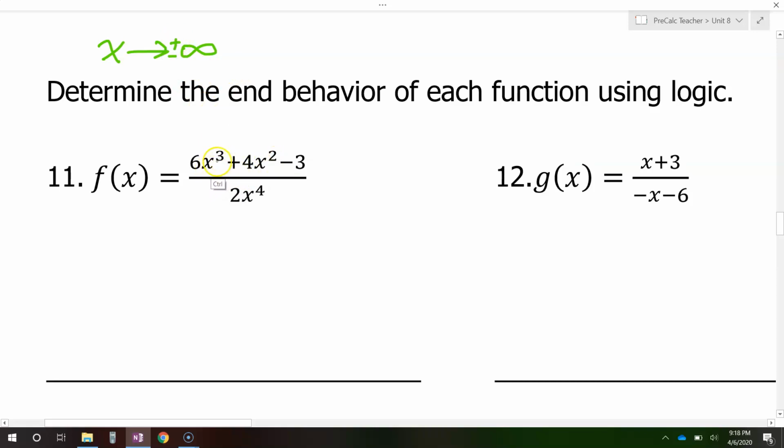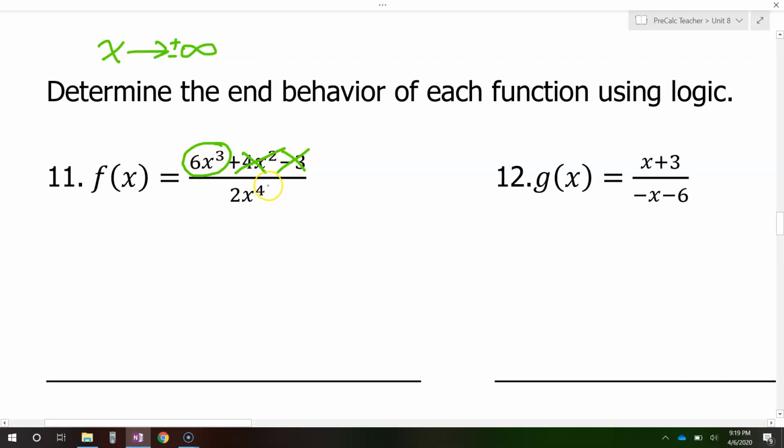As x gets bigger and bigger, the terms with the highest exponents are going to be growing far faster than the lower exponents. So in the end, only the highest exponent term is going to matter, because the other terms are going to be left in the dust. They're going to become insignificant compared to the size of this term.